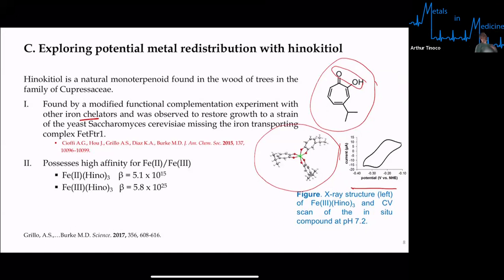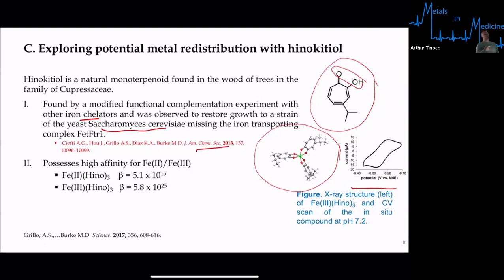The idea was to understand its possibility of improving the metal transport in the yeast, Saccharomyces cerevisiae, because that particular yeast they were studying was missing the iron transporting complex, FET3-FTR1. Of all the chelators that were assessed, this was the only molecule that had the capacity to restore the transporting of the iron itself. So that was the study in JACS in 2015.